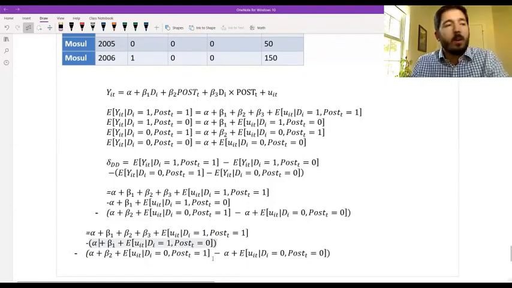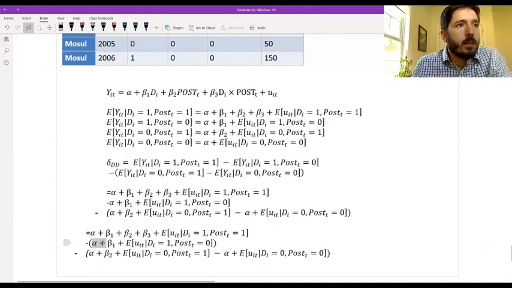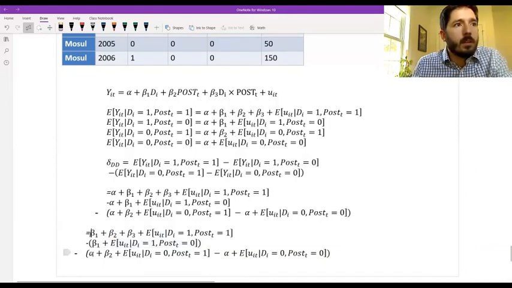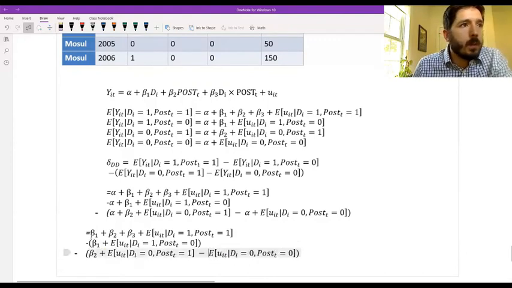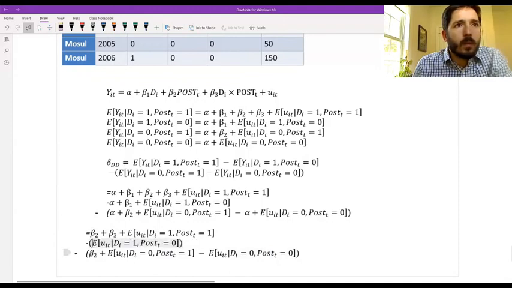So we can kill that alpha, kill this alpha, and this alpha. We've got a beta 1 here and a minus beta 1 here. We've got a beta 2 here and a minus beta 2 down here. So we can kill those.